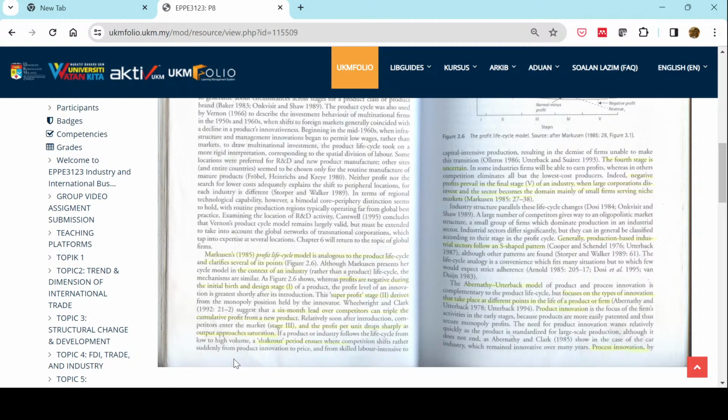So here, in stage 3, the cost has now become flatter, the market has been saturated, and technology has been standardized.